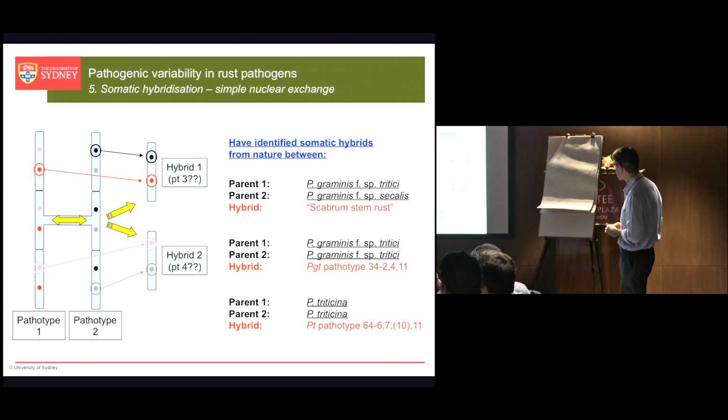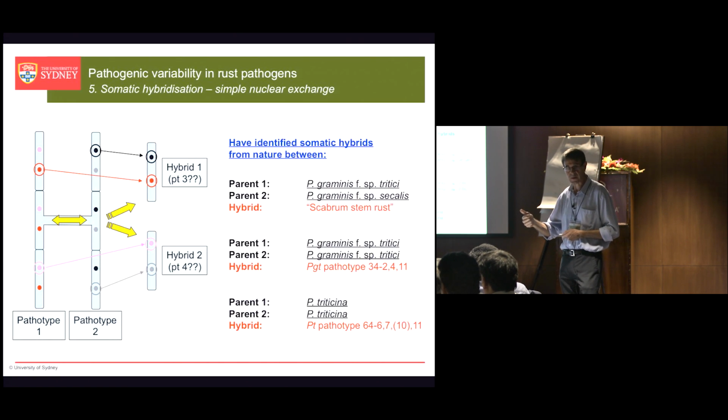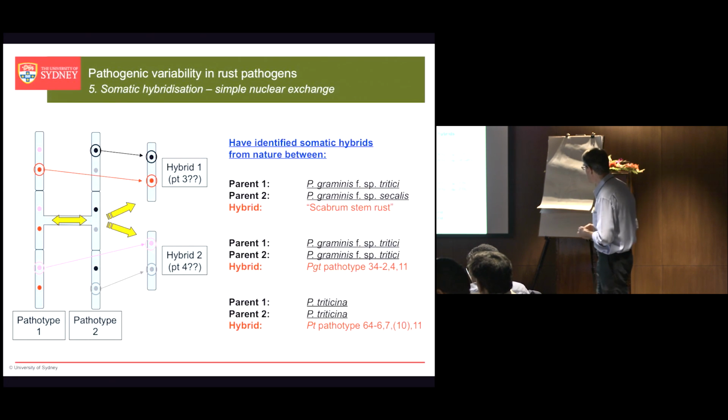First one, interestingly, is between 2 former species of Puccinia graminis. So we have a grass in Australia that's infected by Puccinia graminis tritici, the wheat stem rust pathogen, and it's also a common host for the rye stem rust pathogen, Puccinia graminis former species cicalis. And we have hybrid isolates that we get off that grass that are intermediate between the 2.